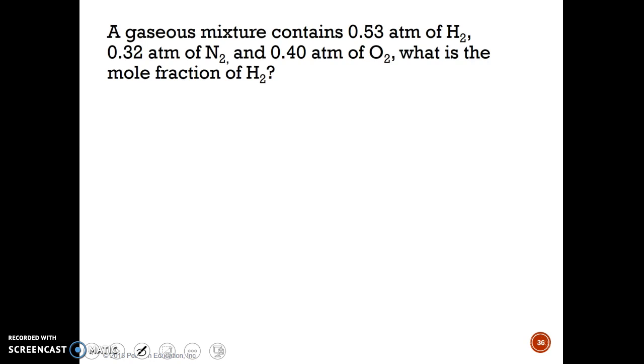In this case, we're not looking for the moles, we have atmospheres, but we know that the mole fraction, n1 over n total, is equal to the pressure of our gas over the total pressure. So we can relate the mole fraction to the pressures. We don't have to convert to moles or anything like that. We can just take this ratio.